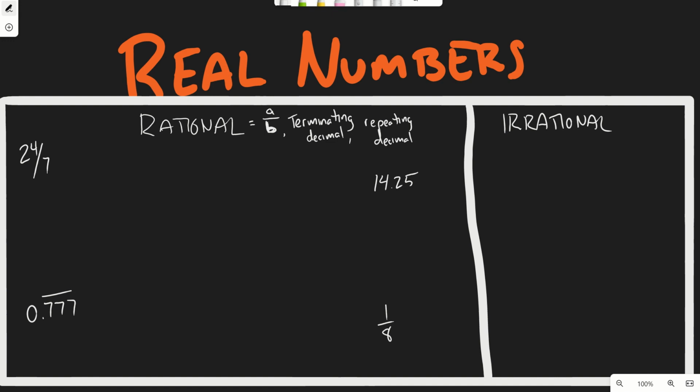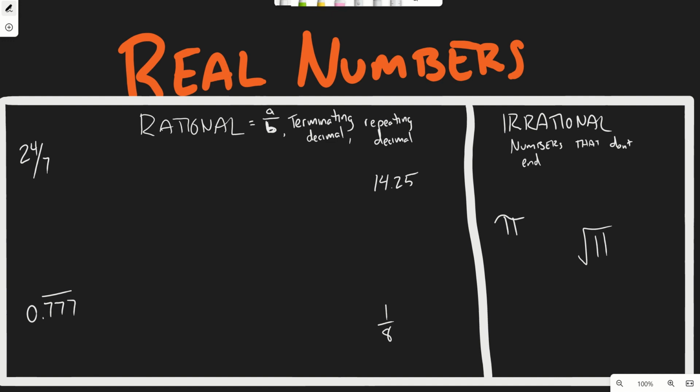Now the difference with that, irrational numbers are numbers that don't end. They go forever and never stop. The most common example of that is pi. Pi goes on forever. It doesn't end. It doesn't repeat. Pi is an irrational number. Other times we see irrational numbers are when we have things like non-perfect square roots.